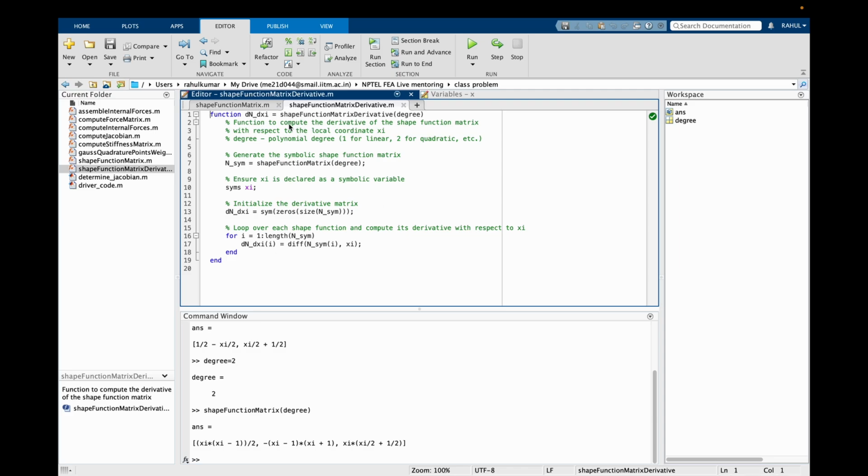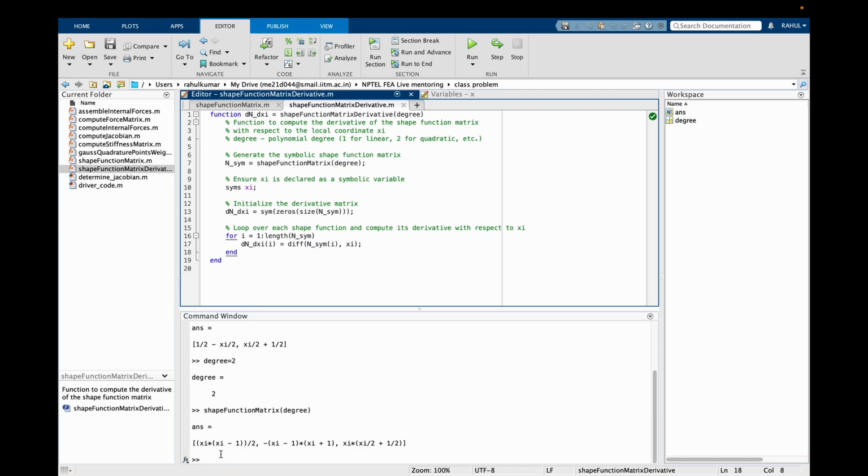So in this function, it will take degree as an argument. It can be 1, 2, 3, etc. Then in the first line it will call this shape function matrix. Then it will differentiate it.